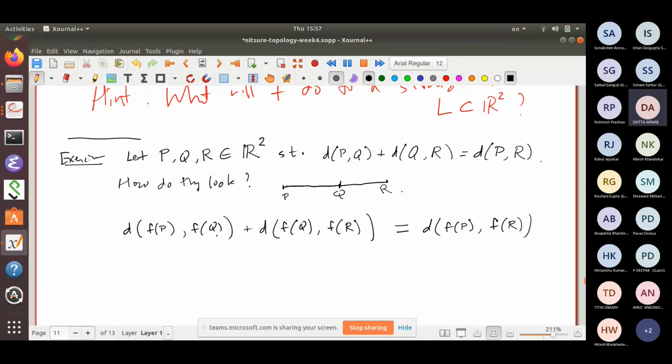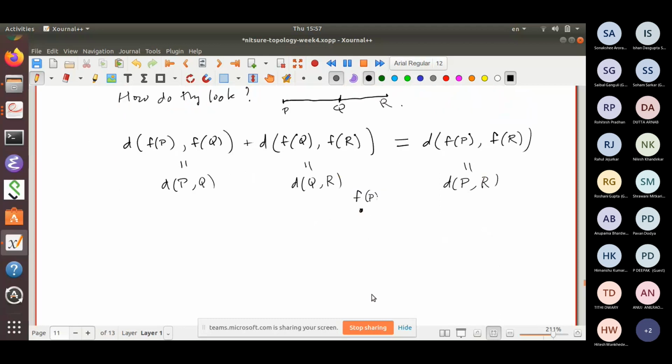Why? Because this is equal to dPQ, and this is equal to dQR, and this is equal to dPR, because it's distance preserving, and this plus this is this. That's what you are told. Therefore, these 3 points, wherever they end up, FP, FQ, and FR, are again on a straight line.